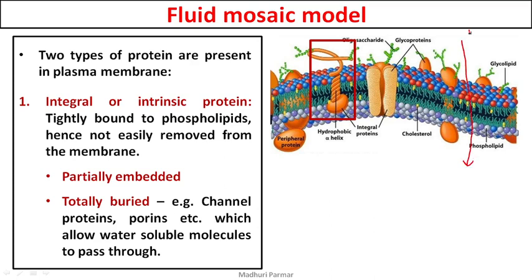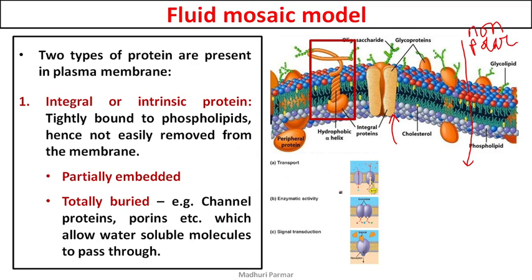Write it down: non-polar molecules will easily pass through the cell membrane, as long as they are small in size. But for polar molecules which have charge or which are hydrophilic, you require some proteins for their transport. They could be channel proteins, carrier proteins, porins, etc.